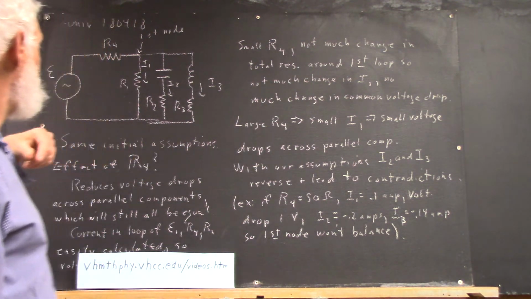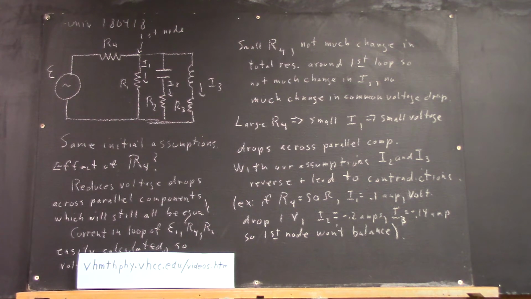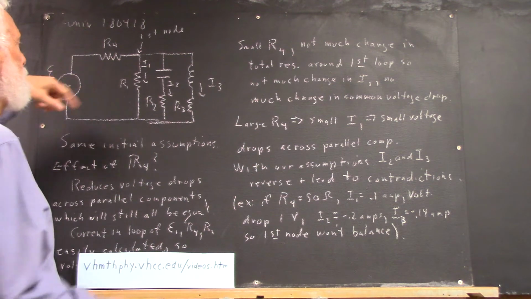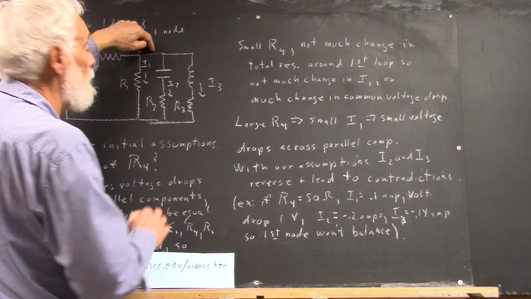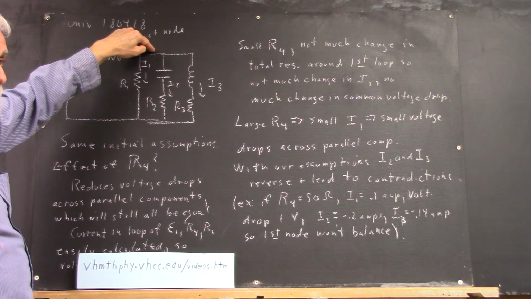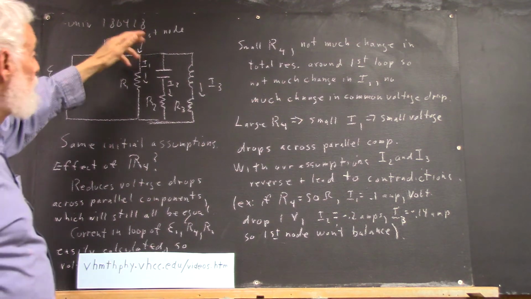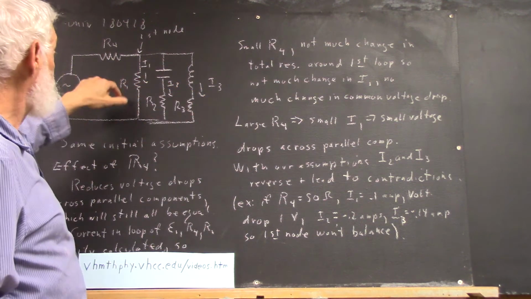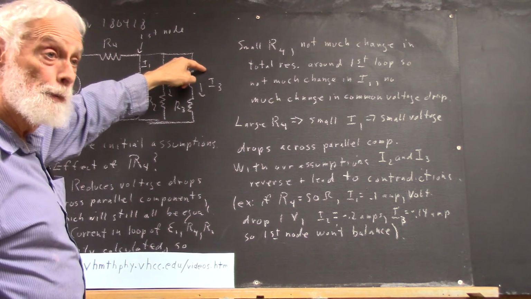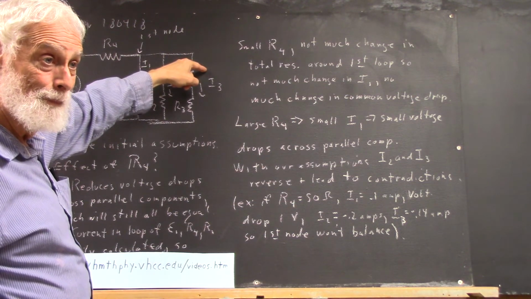Now, what would be the effect of putting an R4 in here and then an R5 here? That would affect the negative 2 volts, wouldn't it? It wouldn't be negative 2 volts anymore. That would be in loop 2. Well, you wouldn't have equal voltage drops across all 3, but you would still have equal voltage drops across these 2, right?